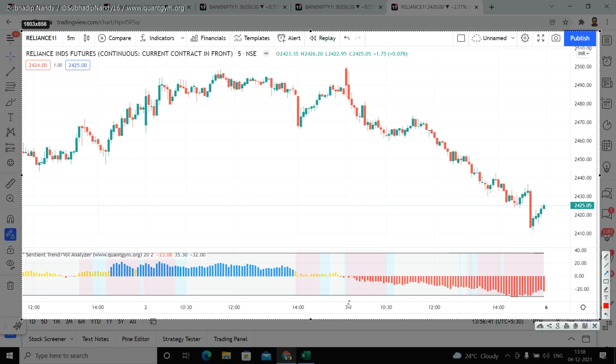This was not actually the third morning. This was the second closing, somewhere around here. It told you that the trend has changed. And this day when it is coming down, you can see the indicator also is telling you much more bearishness ahead. And it falls.